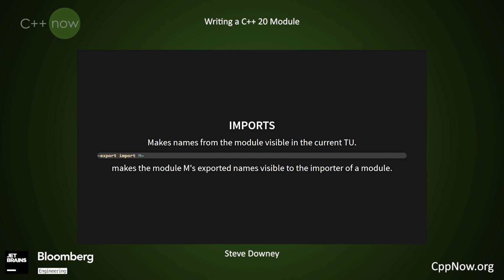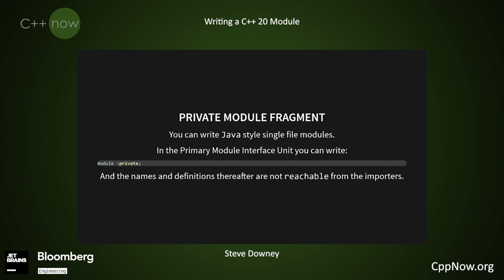We also have the private module fragment. You can write Java-style single-file modules, essentially defining everything in your single translation unit, compiling it out to an interface and an object file in one single file.